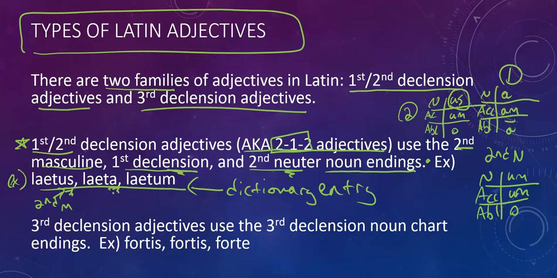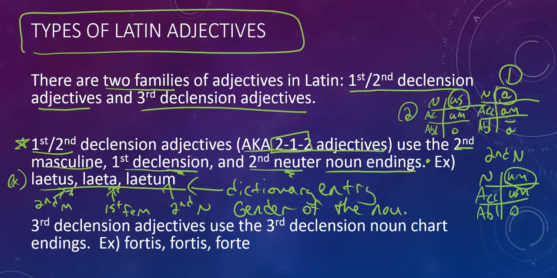The second word tells us that it's using first feminine because of that A. And the last word tells us that it's using second neuter because of that UM. So the way you choose the chart is going to be based on the gender of the noun that it describes. And we'll see this in a couple of examples. Third declension adjectives exist, and they use the third declension noun chart. We just don't have any yet, but this is what they look like in the dictionary. More on that later.